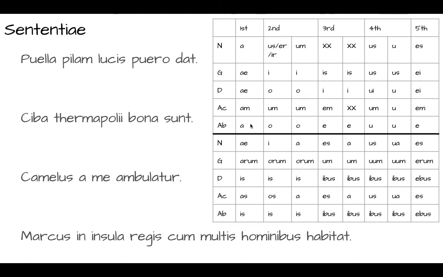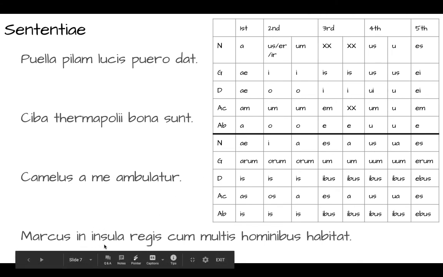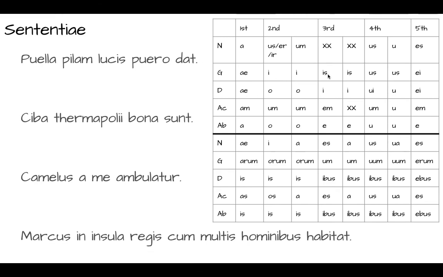Insula can be ablative. So, in the apartment. Regis, from rex, regis, would be genitivus. So Marcus lives in the apartment of the king, cum multis hominibus.